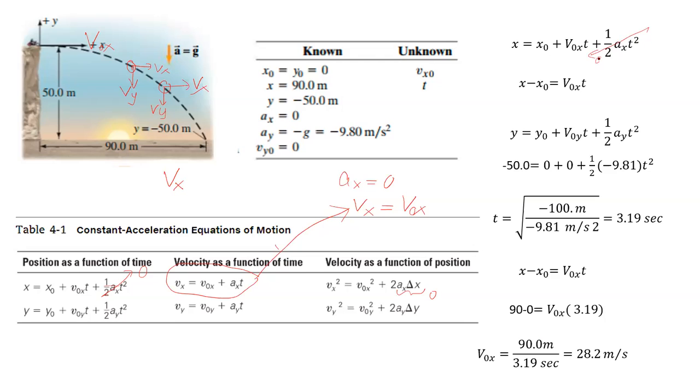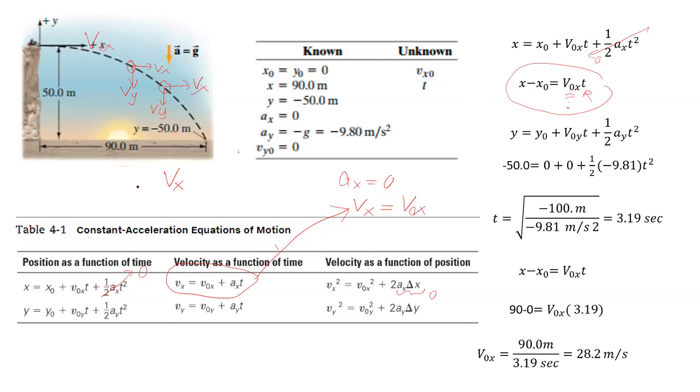This part is gone and I'm ending up with this. I know x minus x naught, the displacement, is 90, and I need to figure out V0x, but I don't know the time, the time to reach the ground.